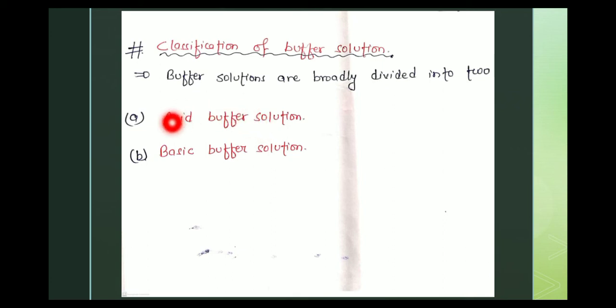The mixture of both is called an acidic buffer solution. And a basic buffer solution is the buffer solution of a weak base and its salt with a strong acid. Clear, guys? With a strong acid. This is the idea, and we'll discuss the concept and mechanism further.